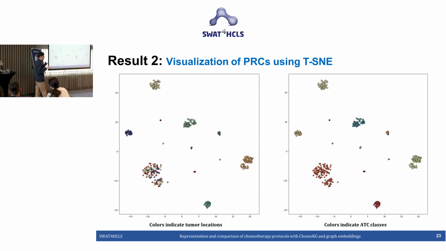And actually, they are using the same drugs, like cardioxine and lubricine, I guess. So that's why they have different colors, but still they are grouped together, which is similar protocols.